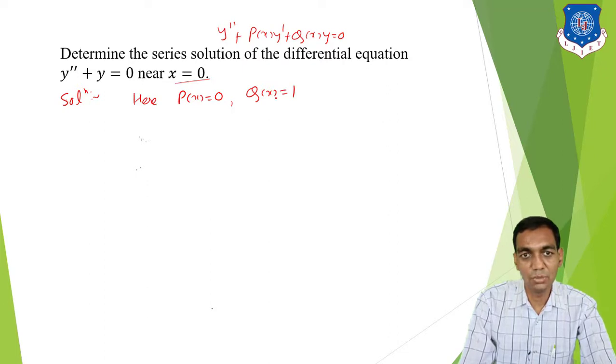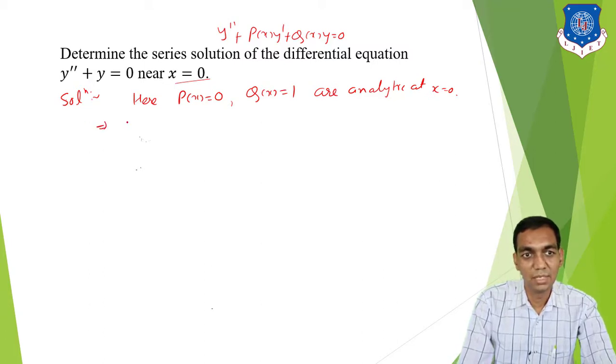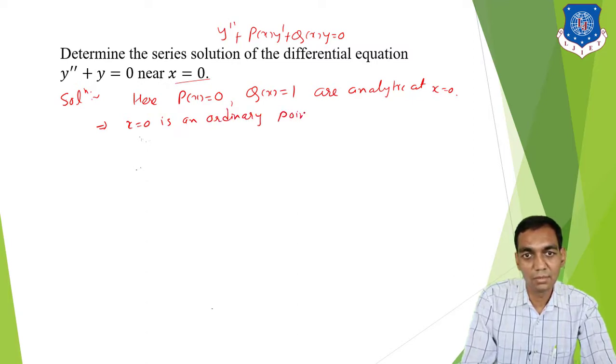And p(x) and q(x) are both analytic at x = 0, correct? So you have p(x) = 0, q(x) = 1, and they are both analytic at x = 0, and that implies x = 0 is an ordinary point. Correct? Now this is an ordinary point.